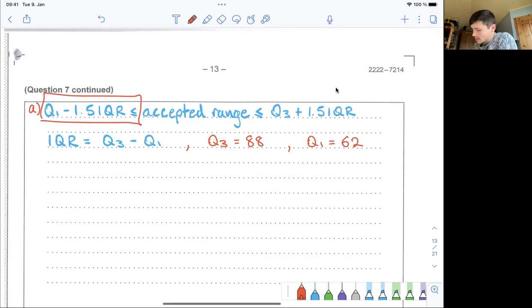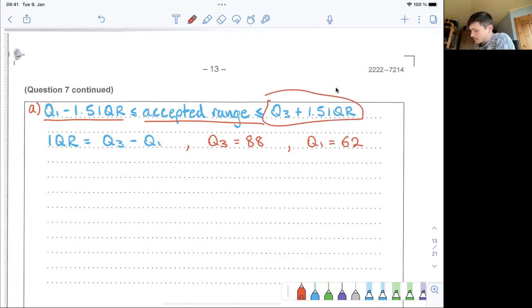So we need to show that 25 is more than this expression here, therefore it would be within this accepted range. We don't really have to worry about the upper limit, because that number is definitely going to be more than 88.